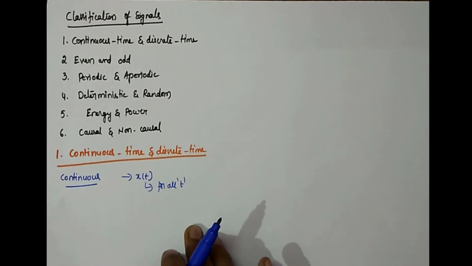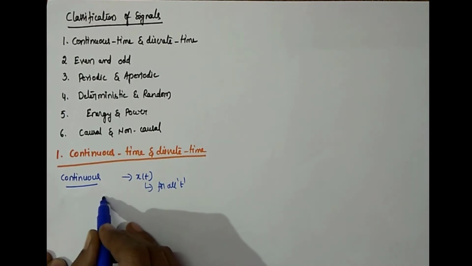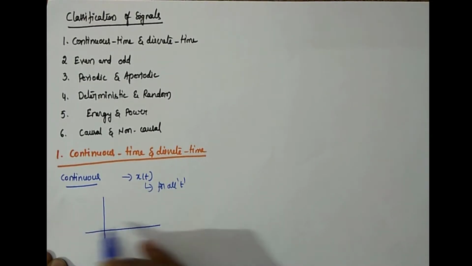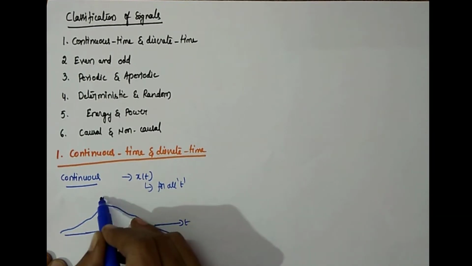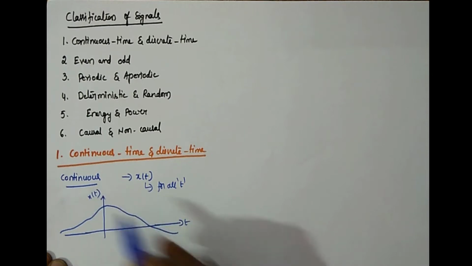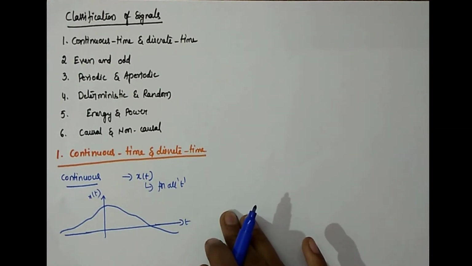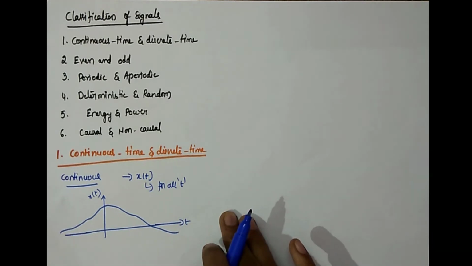Okay, suppose take this example. It has value for every t. This type of signal is called continuous signal.